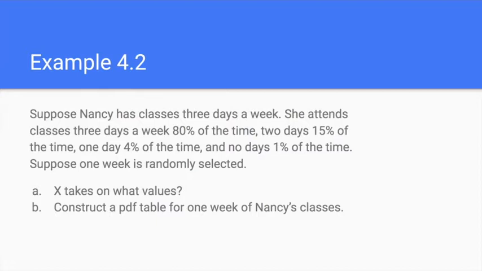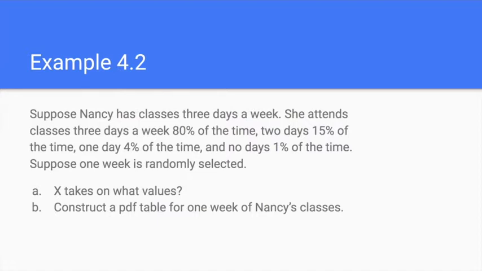The idea is that we have a student named Nancy who has class 3 days a week. She doesn't always go to class 3 days a week. 80% of the time she goes 3 days. 15% of the time she goes 2 days a week. 4% of the time she goes 1 day a week. And only 1% of the time does she not go at all.